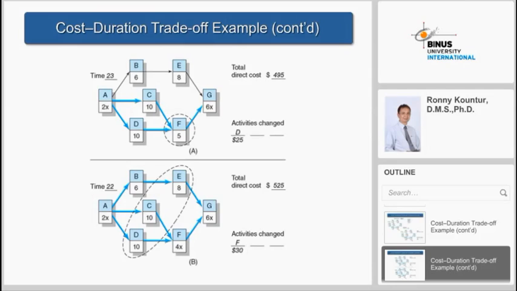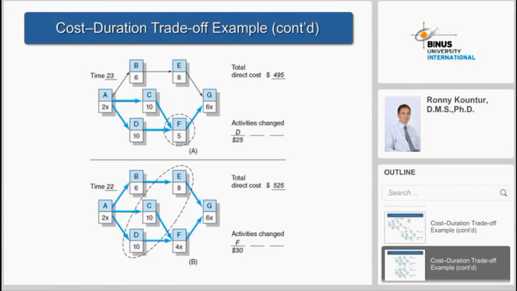Okay, so now we are going to reduce D from 11 to 10. When D becomes 10, the time becomes 23 days. Because the slope of D is 25, the total cost becomes more expensive, from 470 to 495, because there is an additional $25.